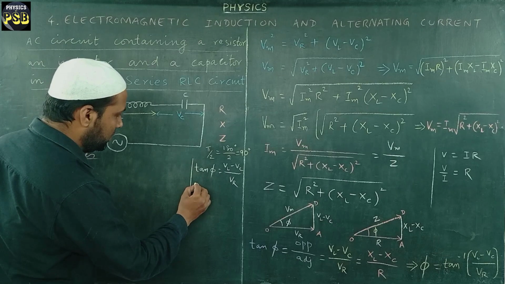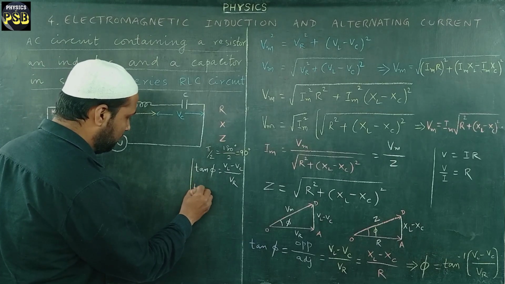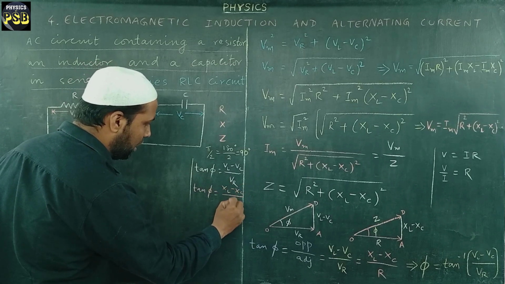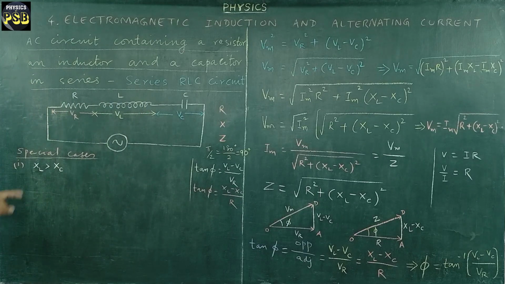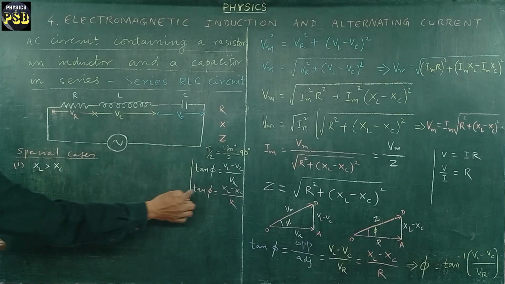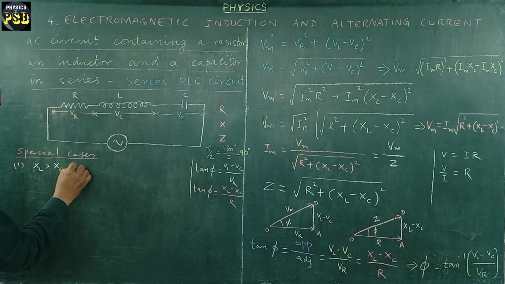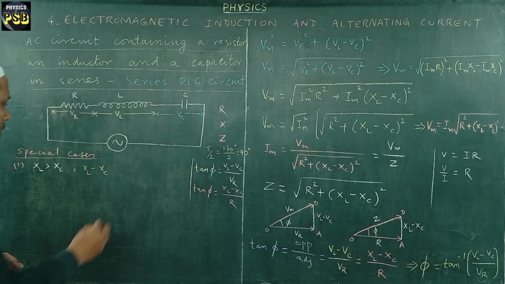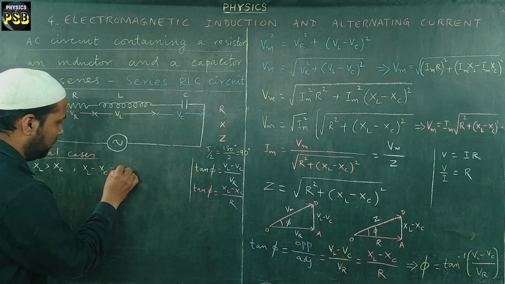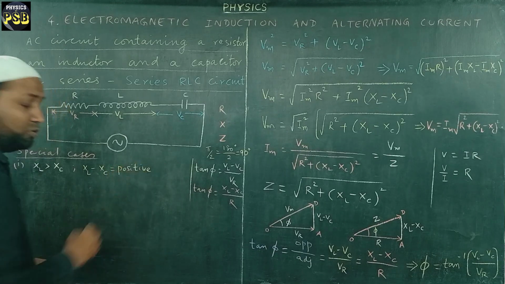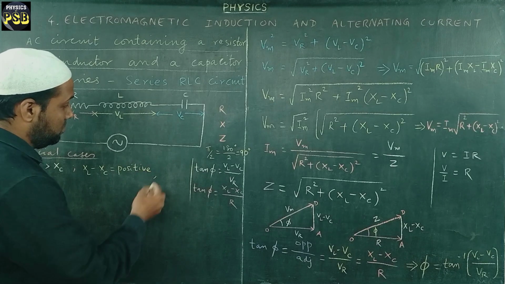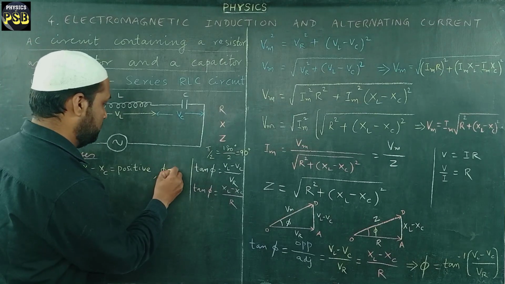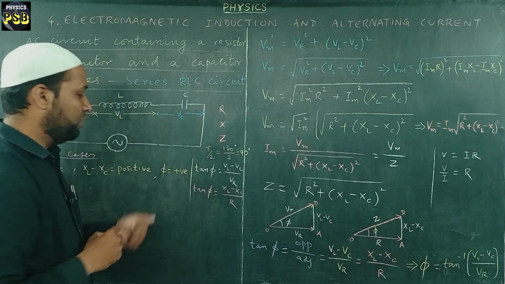And there is one more equation to represent tan of phi: it is XL minus XC upon R. Now when XL is greater than XC, the value of XL minus XC is definitely going to be positive. When it is positive, the phi value that we obtain will also be positive.